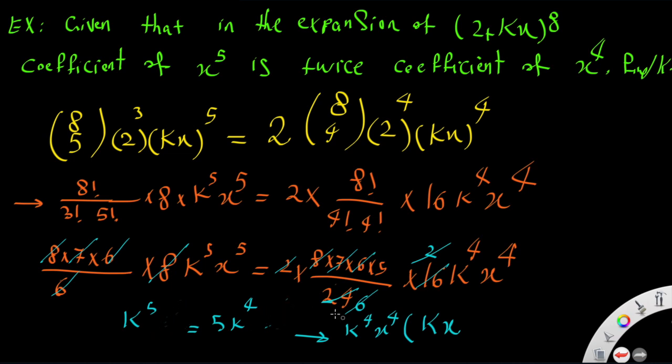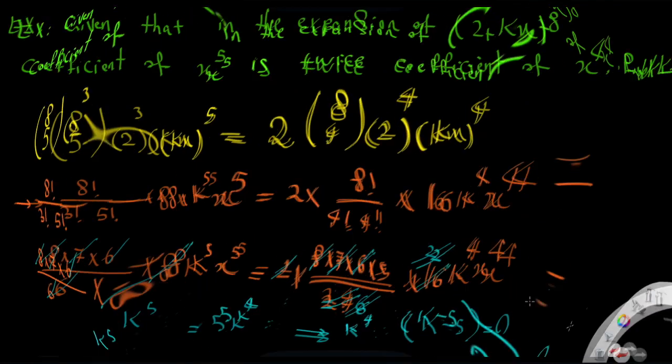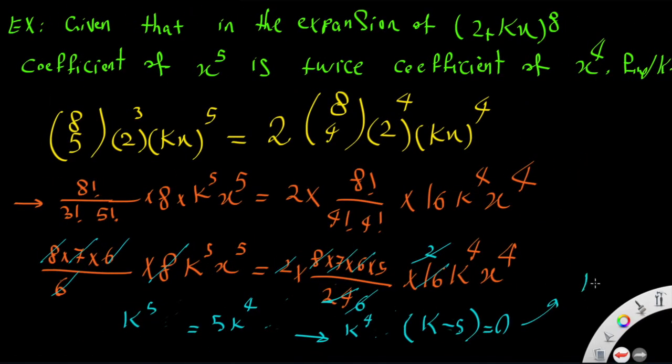I erase them. So k to the power of 4 times (k minus 5) is equal to 0. Once k is 0, which is not acceptable because it doesn't become a binomial, so k will be 5 as the answer.